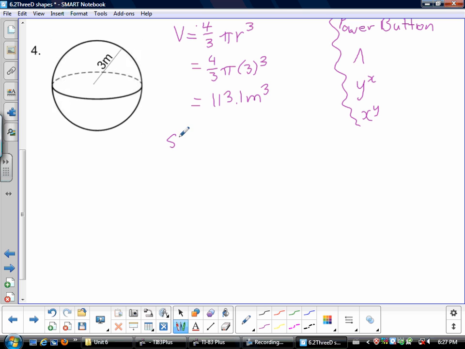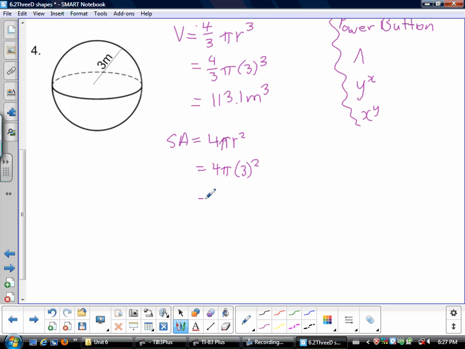And again, the surface area is just a matter of taking the formula. So the surface area is 4, not 4/3, just 4 pi r squared. Okay, and when we do that, we have 4 times our pi times r, sorry, that should be squared. 3 squared.